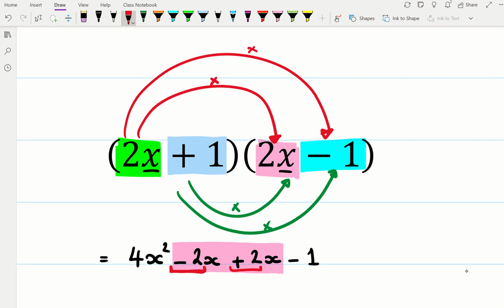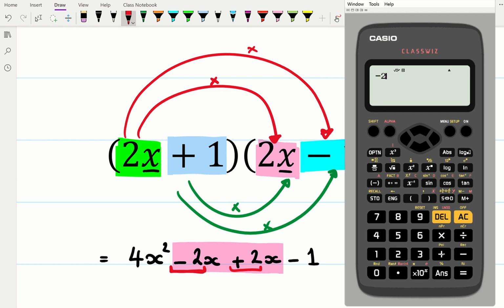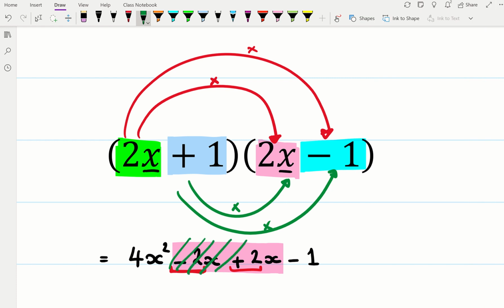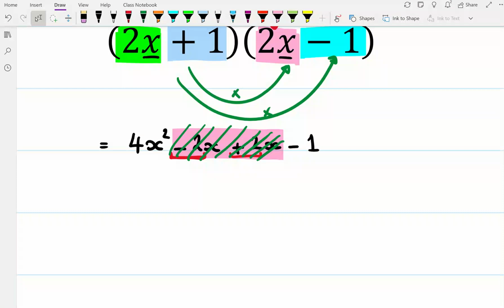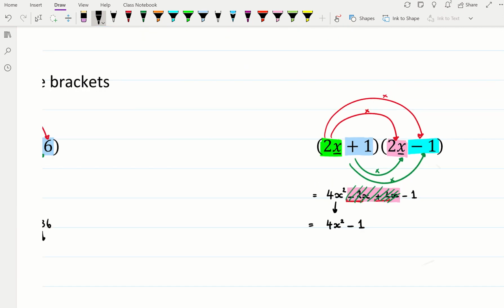Negative 2 plus 2, I hope you know what that will do. It gives us 0. So I don't need to write 0x. x doesn't exist anymore. So my final answer is 4x squared minus 1. And that is multiplying double brackets.